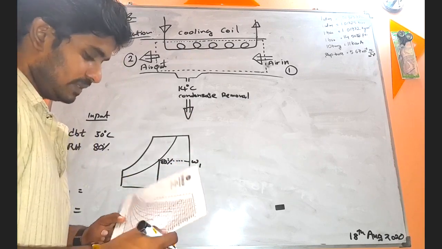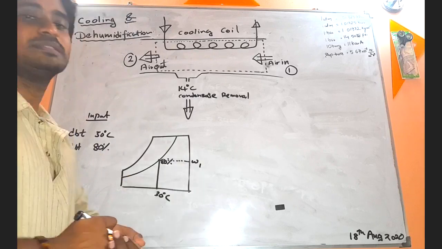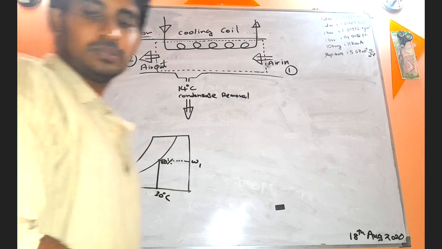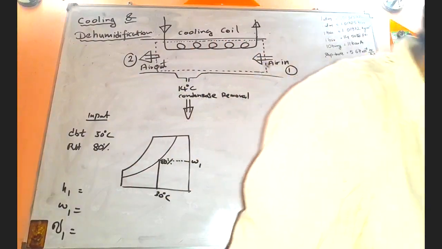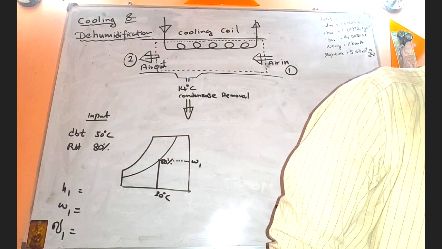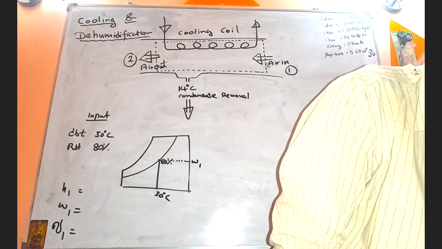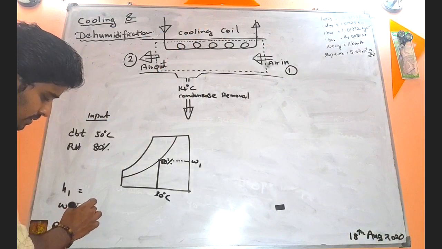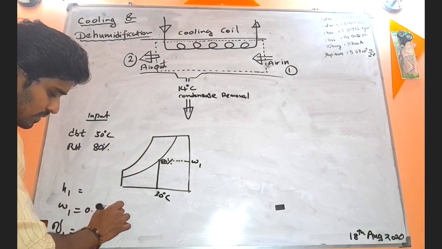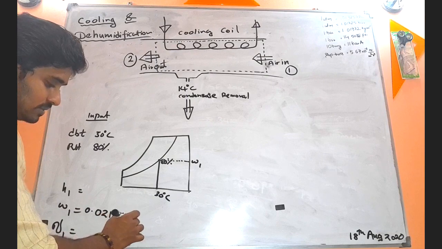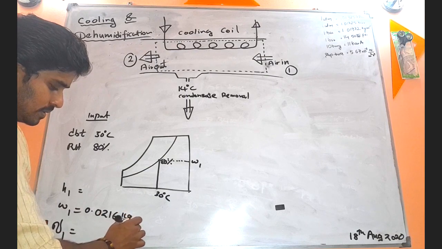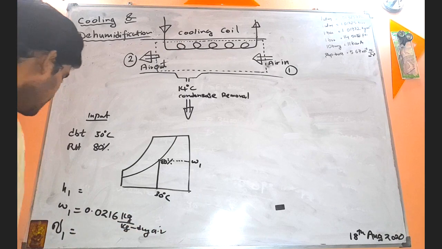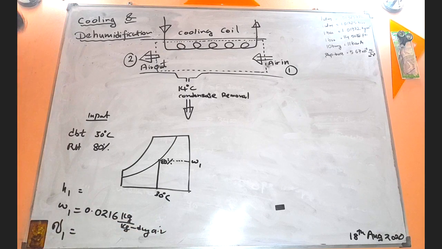If you carefully find that from the specified psychrometric chart, you should obtain omega 1 as, I already have the answers, let's see, omega 1 should be 0.0216 kilograms of moisture per kilogram of dry air. So omega 1 is okay.